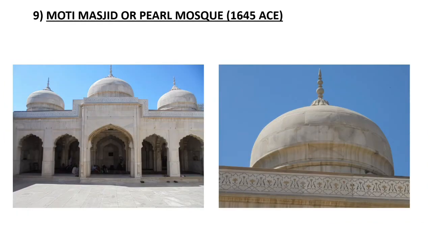Dear students, just in front of you on the left side is the facade or the front screen of Moti Masjid or Pearl Mosque. This Pearl Mosque is said to have been constructed by King Jahangir. However, the style of architecture of Shah Jahan is clearly visible.